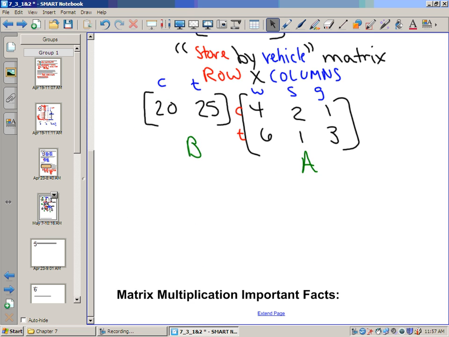Okay, so now think about matrix multiplication. Think about the problem that we just did with my friends going to the movies, and think about what we're doing here. Do we know the total number of wheels, or how would we find the total number of wheels needed altogether? Alex?